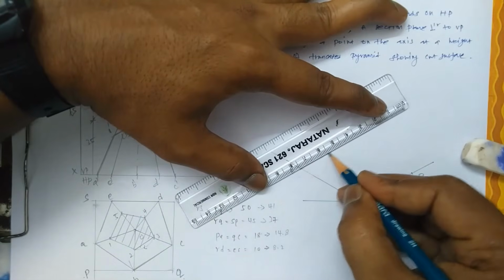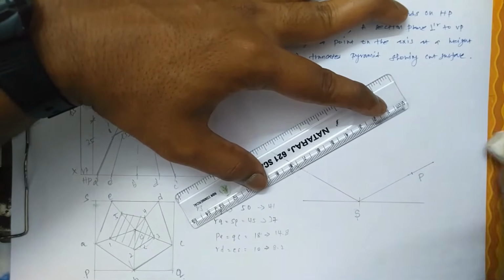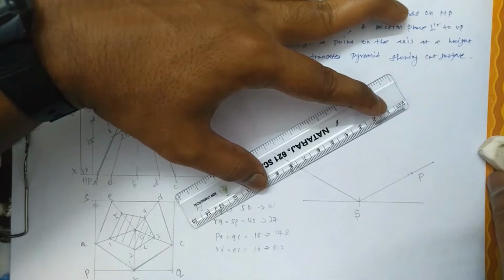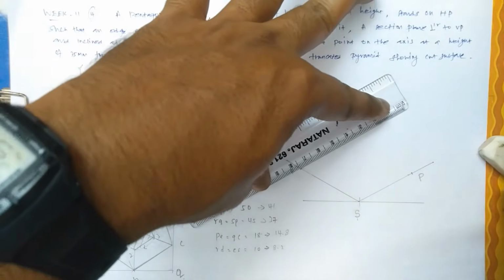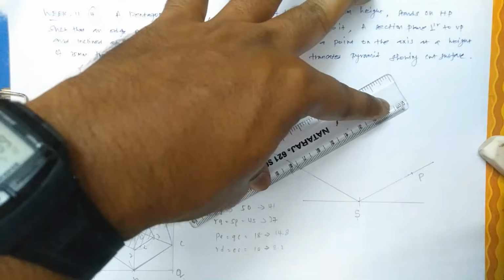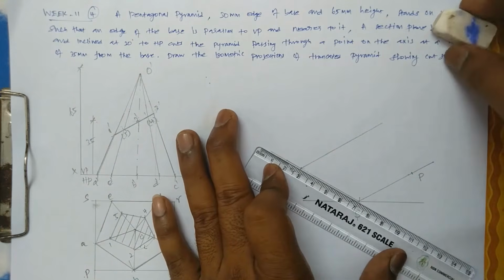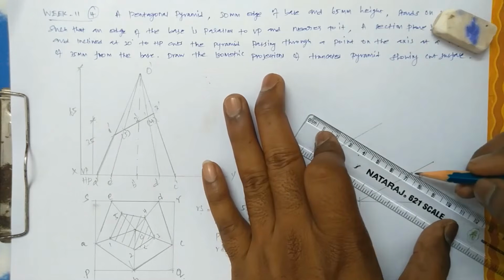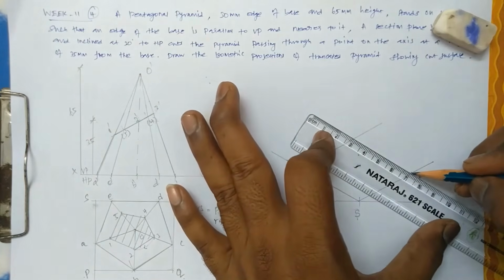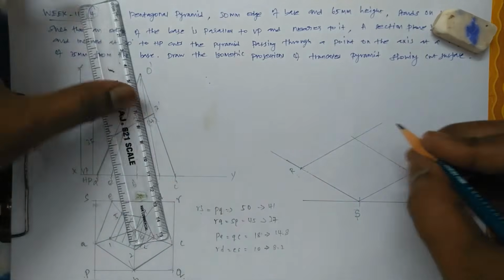Don't use parallel lines like this, it will sometimes give mistakes. Properly mark with the compass, make an arc and connect the intersection point. That will be the right way. If you have a set square, that is okay. Since I have some practice, I am drawing directly, and I don't have sufficient time also.